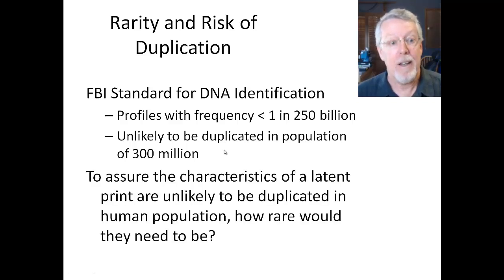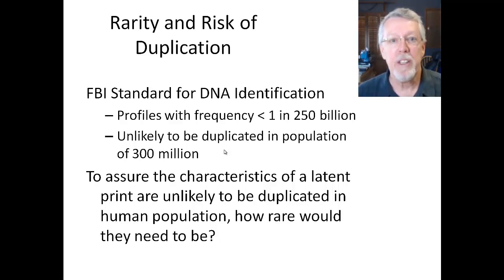Now, let's consider how rare the characteristics of a latent print would have to be before one could logically conclude that they'd be unlikely to be duplicated in the human population. Well, I've heard latent print examiners say that they can identify a fingerprint as coming from one finger to the exclusion of all other fingers on Earth. But if there are, say, 7 billion people in the population of the Earth, and if each one has 10 fingers, that's 70 billion fingers.